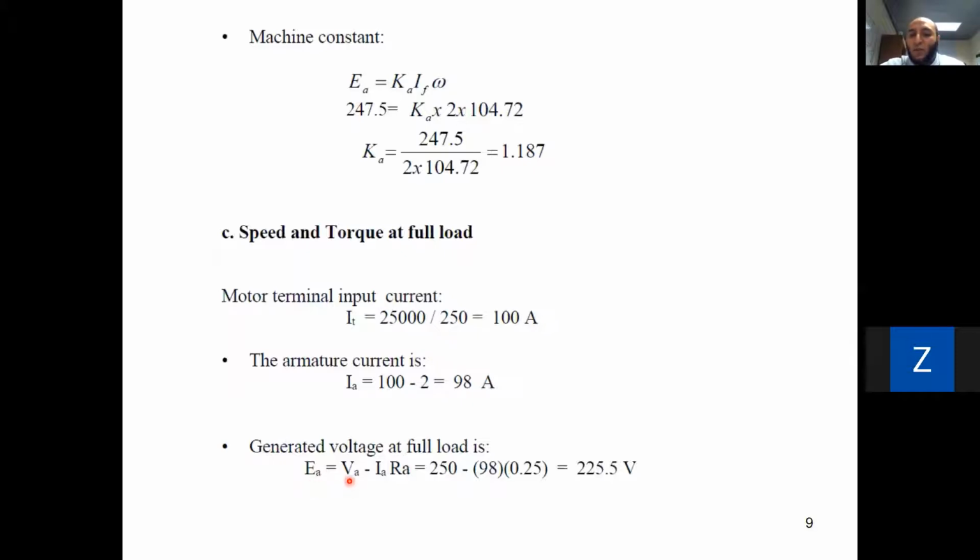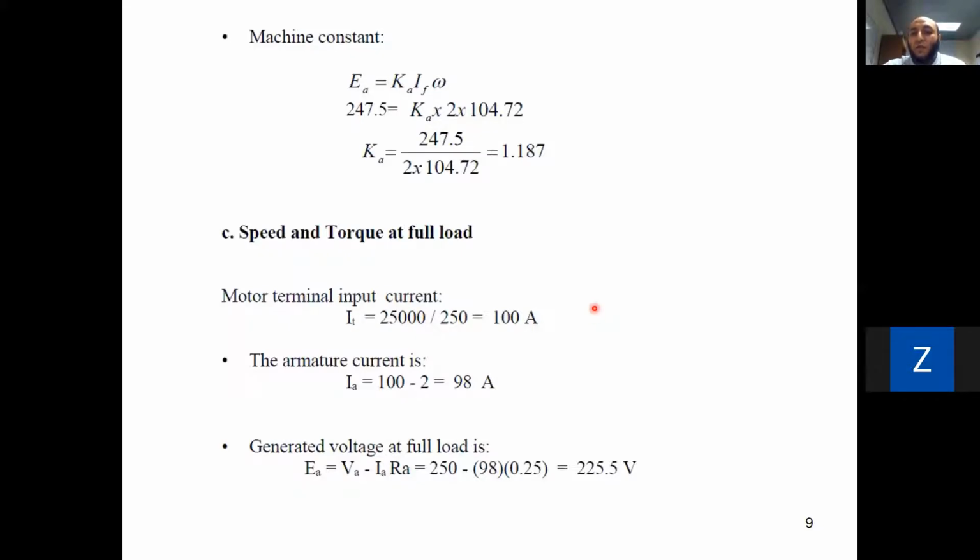So VA or V terminal minus IA RA will equal 250 minus armature current multiplied by armature resistance, and this will be the value of EA at full load. If we compare this value with the value at no load, we'll find no load EMF is higher than full load EMF. This is normal because the current here is high.